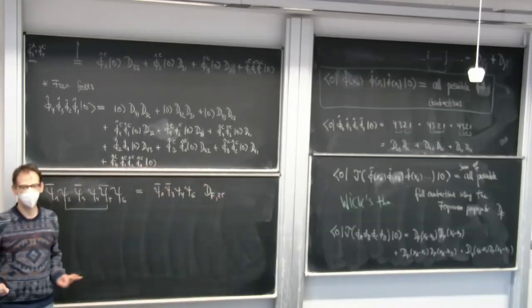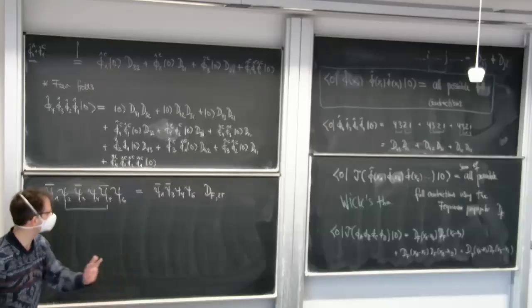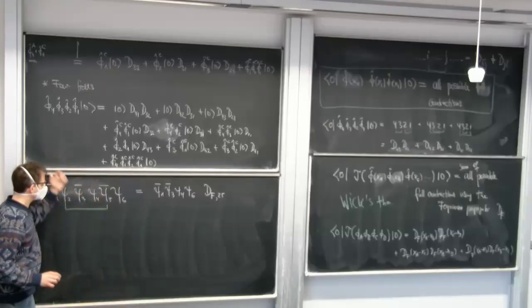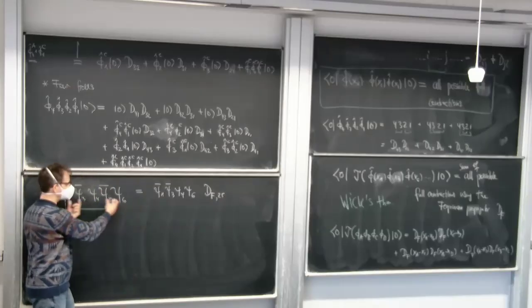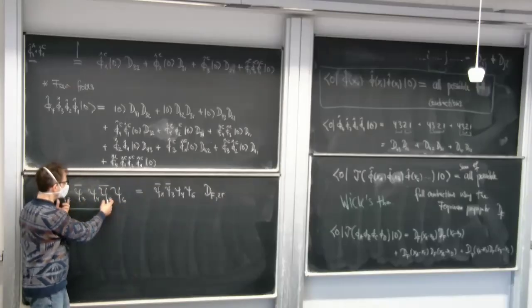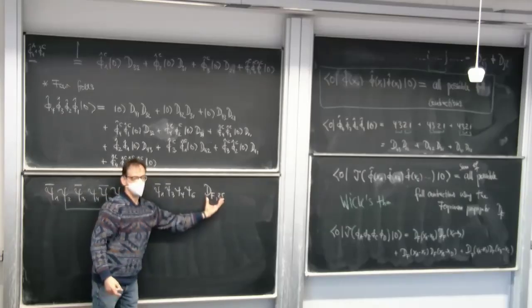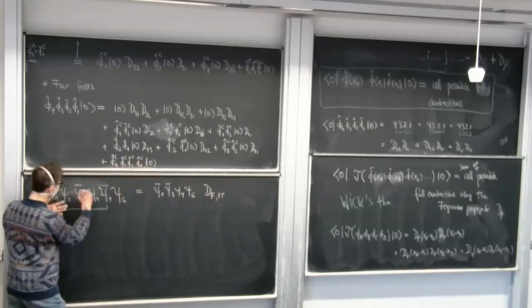I'm suppressing all the spinor indices because I'm talking about Grassmann. So then these have kind of moved together and then join this. So I have to jump.